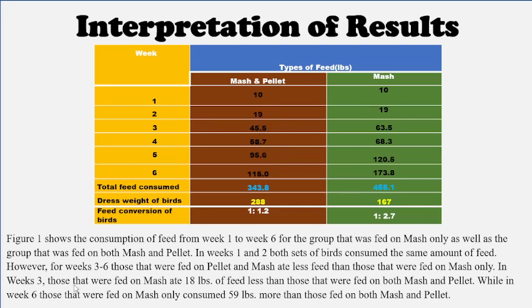In week 3, those that were fed on mash only ate 18 pounds of feed less than those that were fed on both mash and pellet. While in week 6, those that were fed on mash only consumed 59 pounds more feed than those that were fed on mash and pellet.